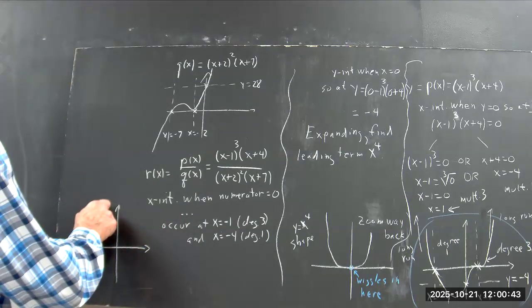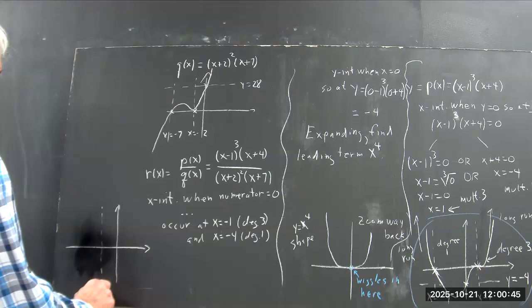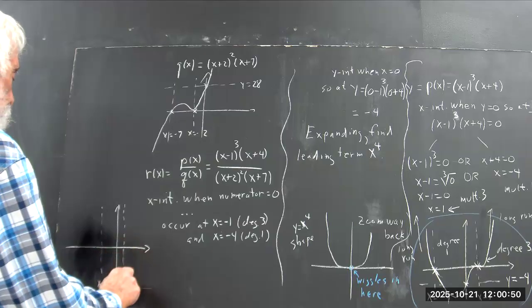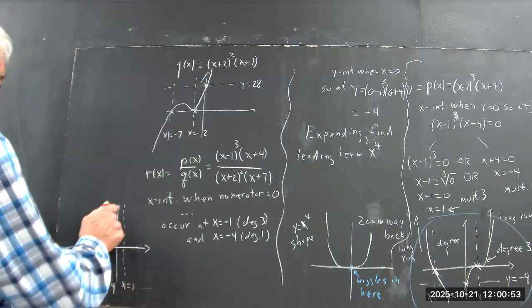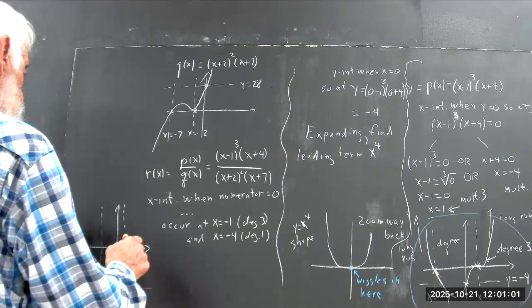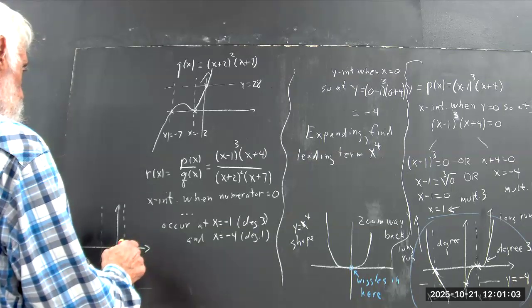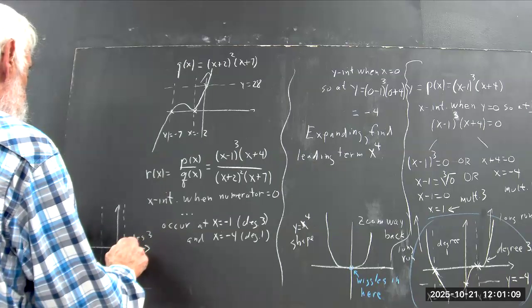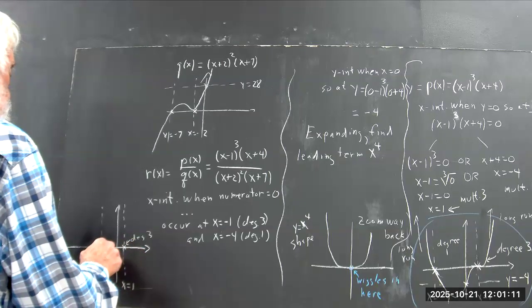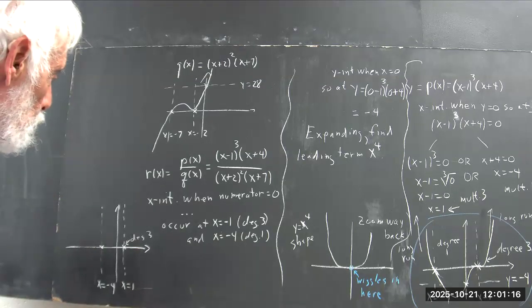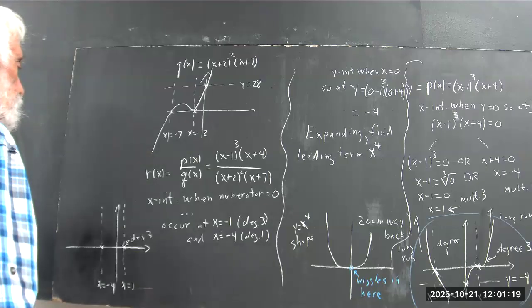Okay, so at x equals -4, we'll say that's here. X equals 1, we'll say that's here. My scale isn't great, but that's going to be okay. Okay, and this is going to be degree 3. I think I'm safe labeling that here. This is going to be degree 1. I don't want to label that just yet. I don't know what I might get in the way of.